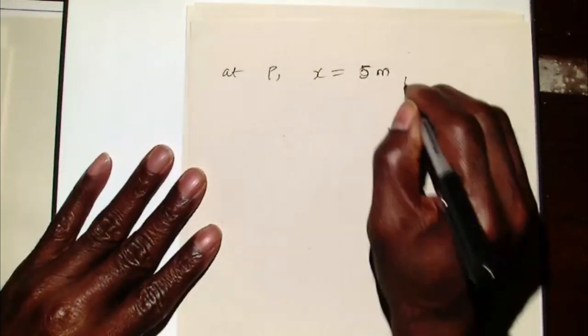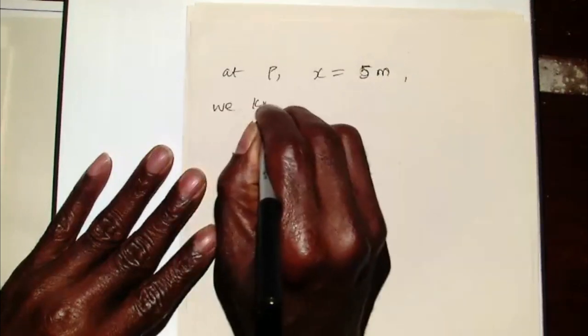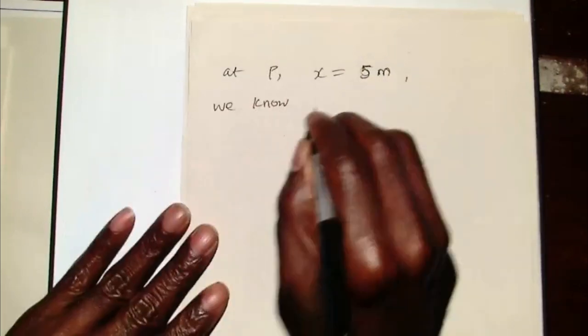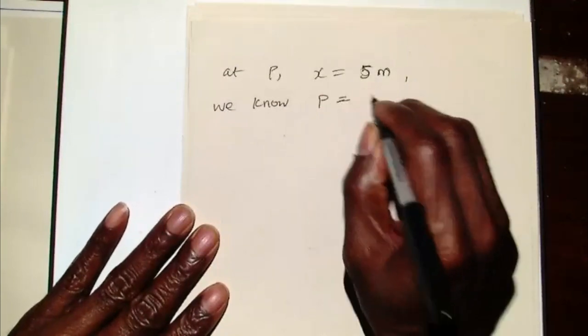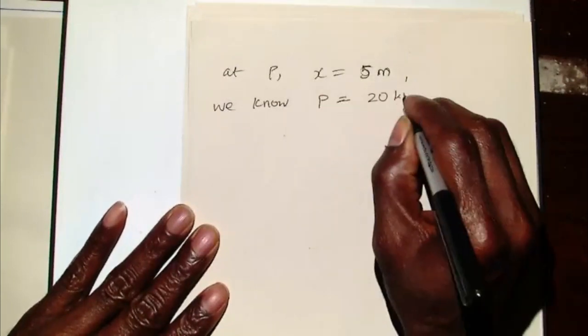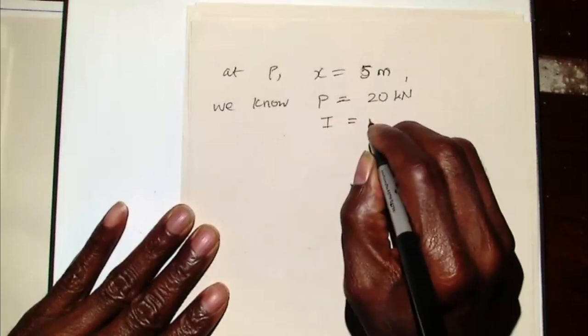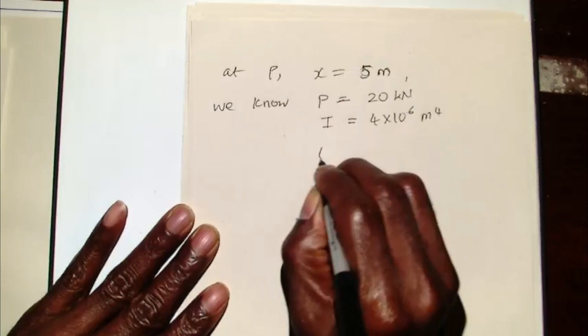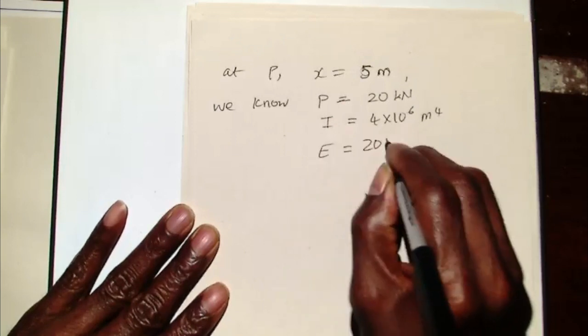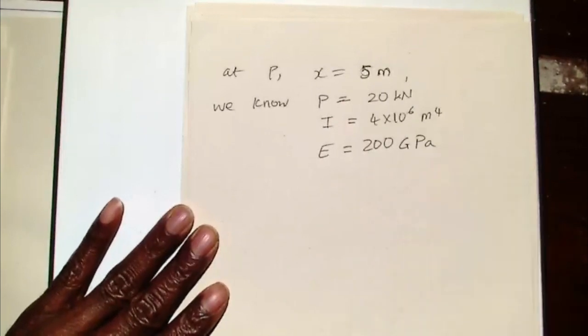But we already know that P is given, because we've already used that P is 20 kilonewton. I is 4 times 10 to the power minus 6 meter 4. And Young's modulus is given as 200 gigapascal.